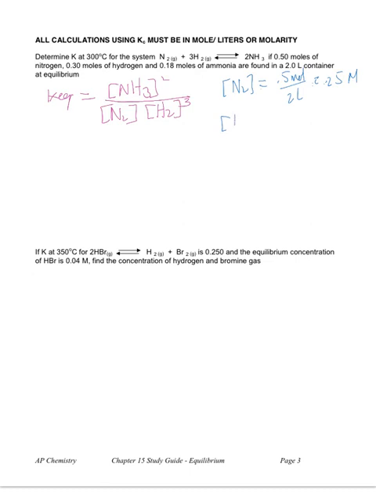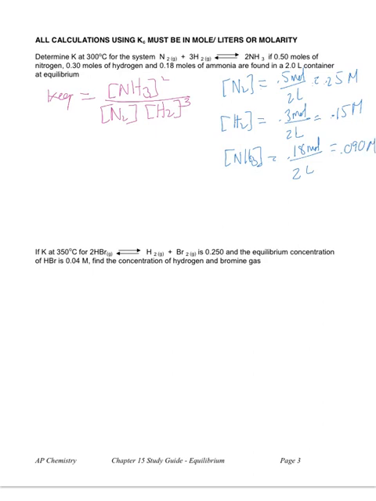Concentration of H2 is 0.3 moles divided by 2 liters, so 0.15 molar. And concentration of NH3 is 0.18 moles divided by 2 liters, so 0.090 molar.